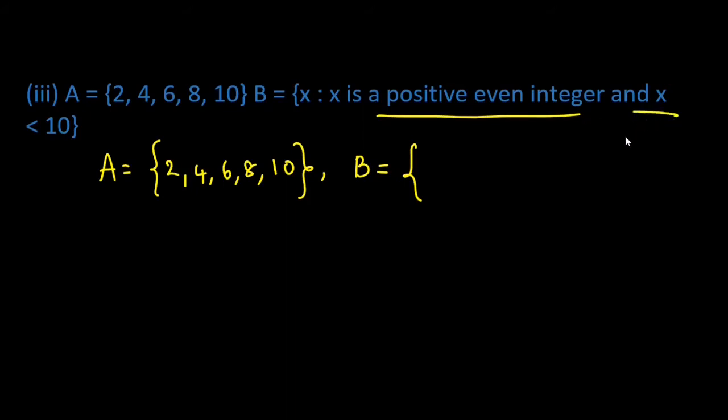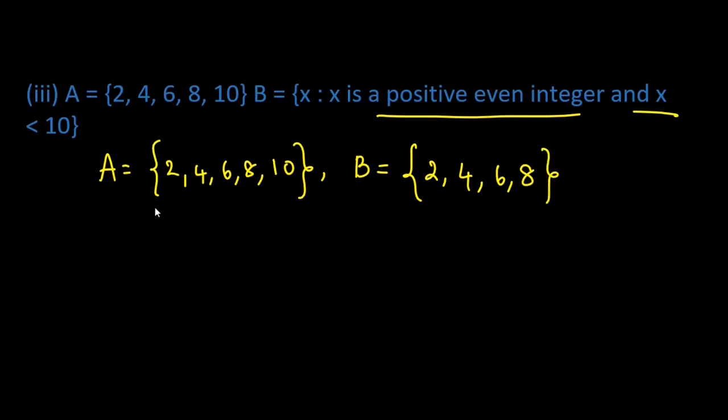There is a condition on x that x is less than 10. So we have positive even integers as 2, 4, 6, 8. X should be less than 10. So we don't write 10 here.